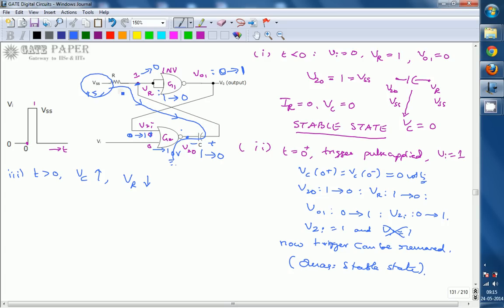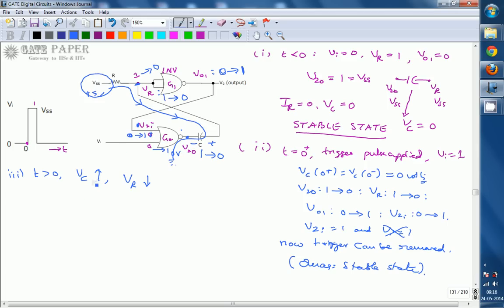By that time, out of this 5 volts, 1 volt is charged across the capacitor. The remaining 4 volts will be available across VR. In that way, the voltage across this node is going to rise.